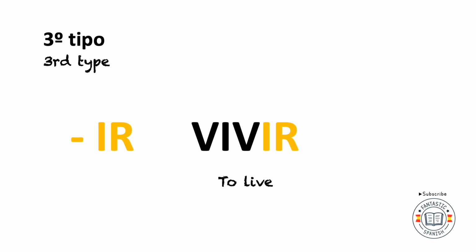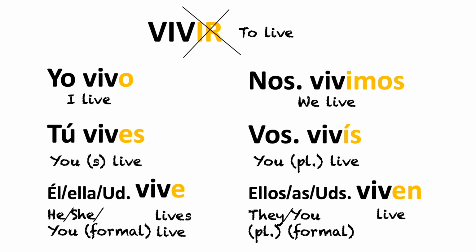Bien, good. And finally, the third verb type, which is IR, IR in English. Por ejemplo, el verbo, the verb, vivir, to live. Yo vivo, I live. Tú vives. You singular live.